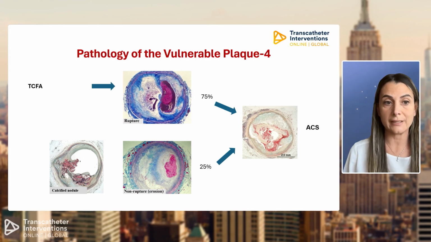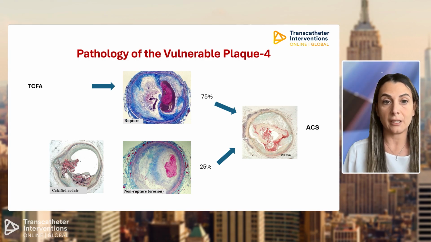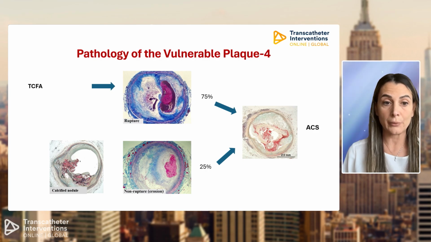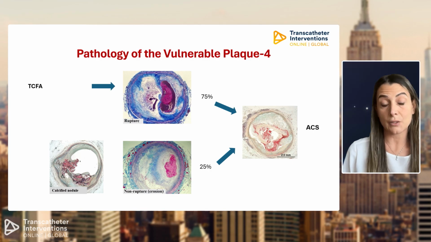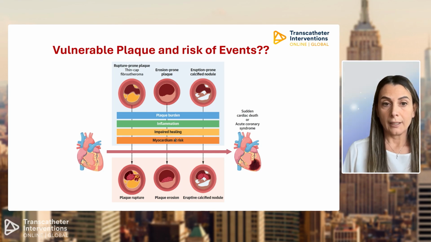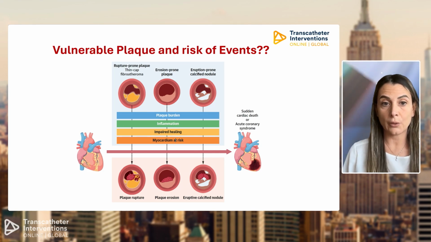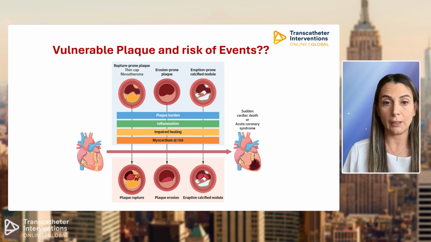We also learned that thin cap fibroatheroma has been historically associated to 75% of acute coronary syndrome presentation. And we also have 25% more or less associated to eruptive calcific nodule or to erosion. So all these precursors are important. It's important to know that they exist, and that they might lead to an acute coronary syndrome event.